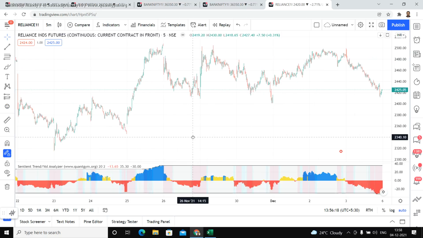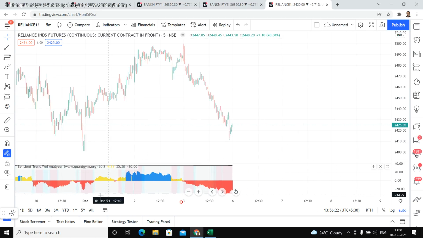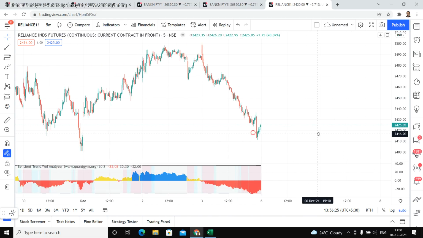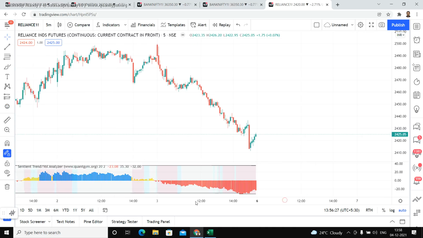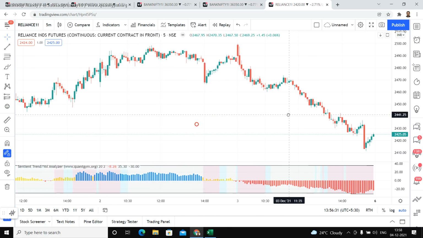Right? What happened just yesterday, because public memory is short. I want you to concentrate again, if you're doing this on stocks, on the first trend change. Kindly remember this. Let's go a bit into basics. Reliance was basically bullish. This whole zone was primarily bullish, and this is where it changed.